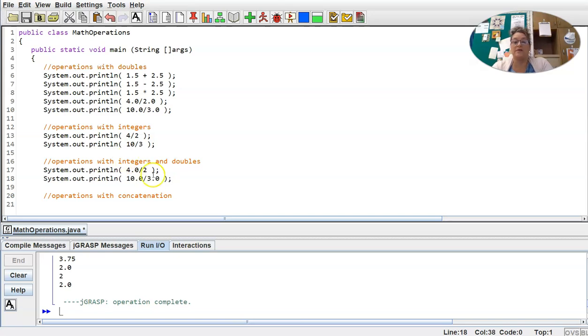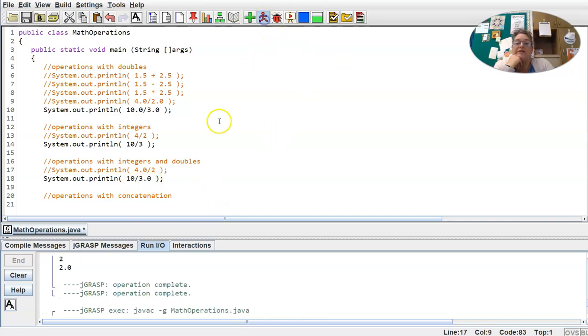And then we'll take a look at what happens when it's both. So an integer divided by a double. Now I'm going to go ahead and comment out all these other lines, so they'll get ignored by Java, and we can just compare these three outputs. So 10.0 divided by 3.0, 10 divided by 3, and then 10 divided by 3.0.